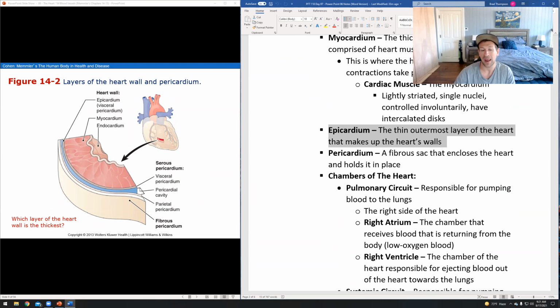Epicardium is this outer layer right here that is going to separate the sections of our heart. It's the drywall around the outside. Then we do have one more layer around the outside of the heart.